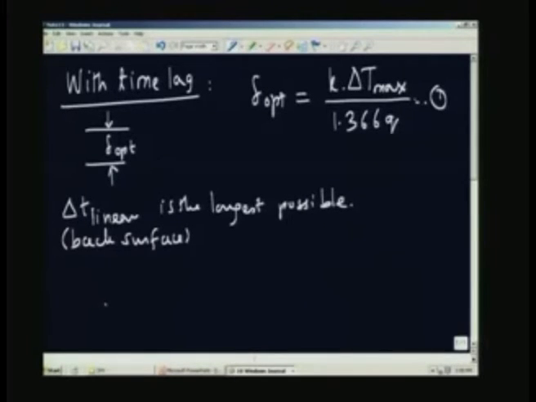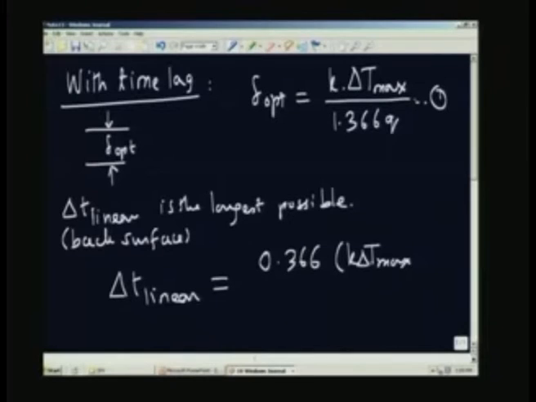The second relationship is that the delta T linear is then given by 0.366 K delta T max whole squared, divided by Q squared times alpha, where alpha is the thermal diffusivity of the slug material.